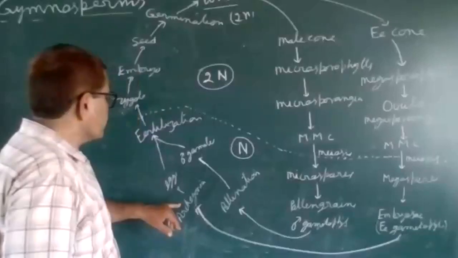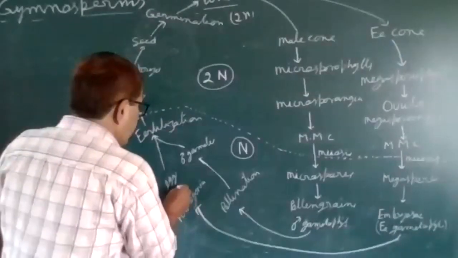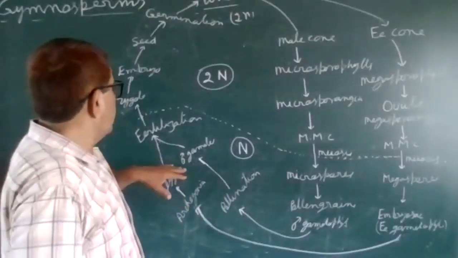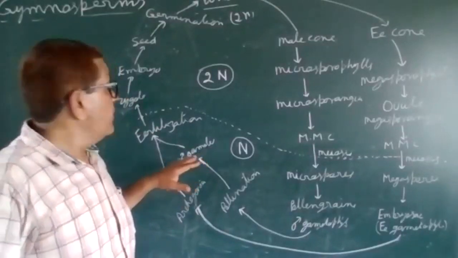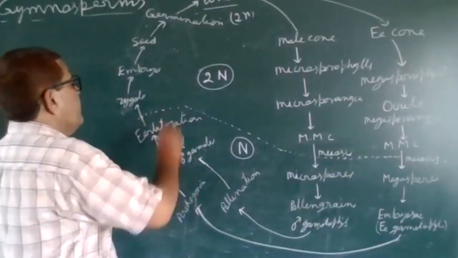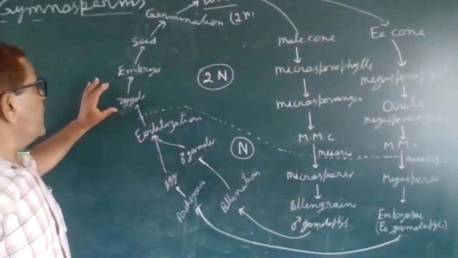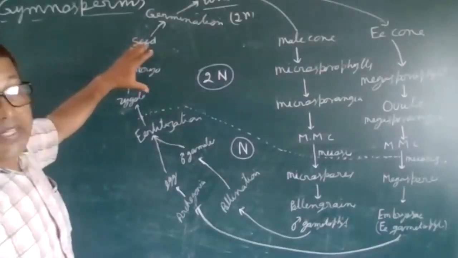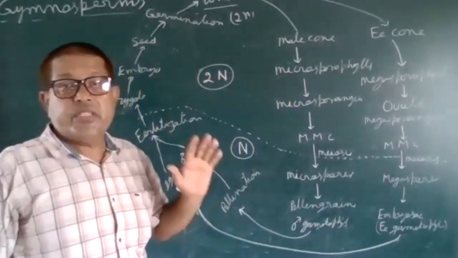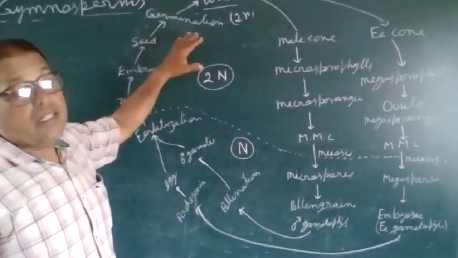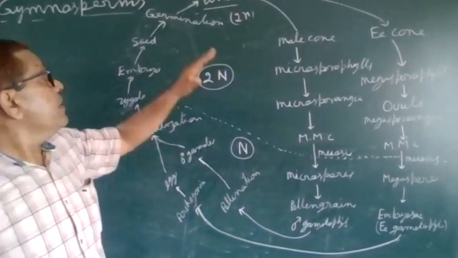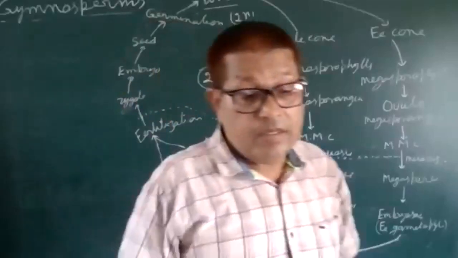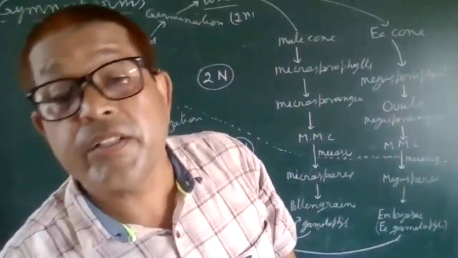The archegonia have eggs, and they fuse together, and by fusion fertilization takes place. After fertilization the zygote is produced, and the zygote converts to the embryo, and the ovule is converted to the seed. After dispersal the seed germinates, and after germination it produces the pinus plant.